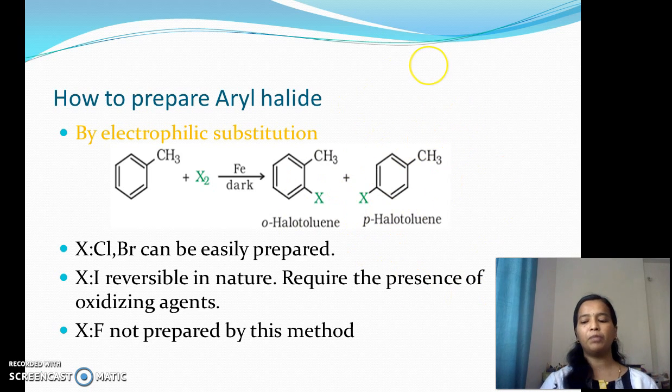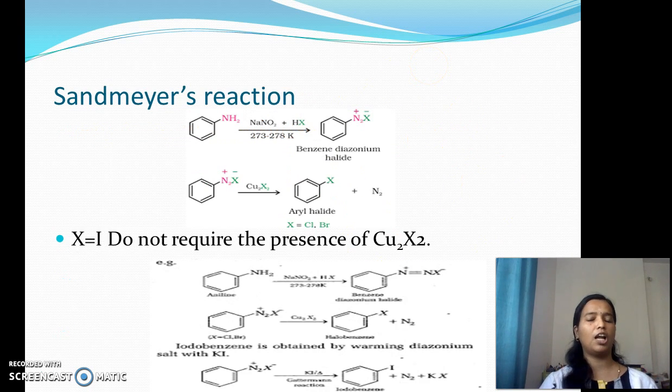And there is one more method for the preparation of aryl halide, that is by Sandmeyer's reaction. This is a name reaction and also one of the important reactions. Here in Sandmeyer's reaction, a primary aromatic amine, that is, you can see aminobenzene, or commonly known as aniline, is dissolved in aqueous hydrogen halide and treated with sodium nitrite.